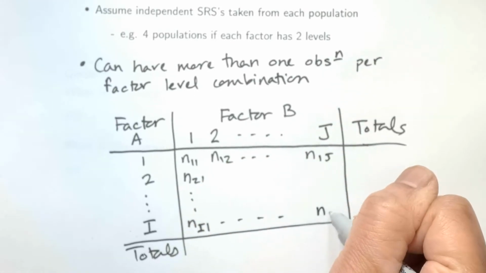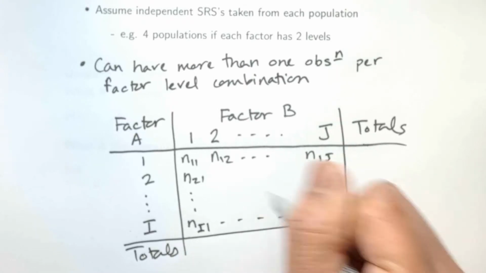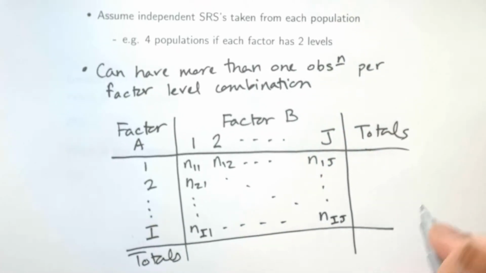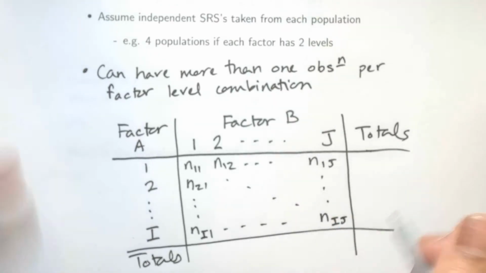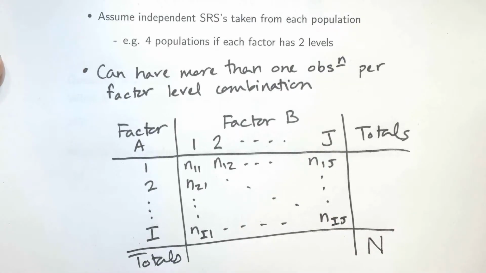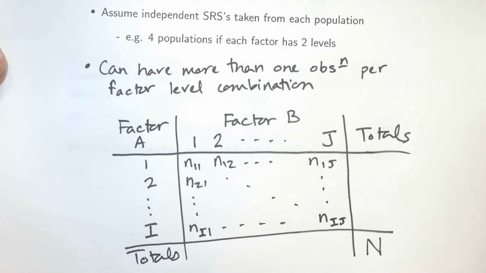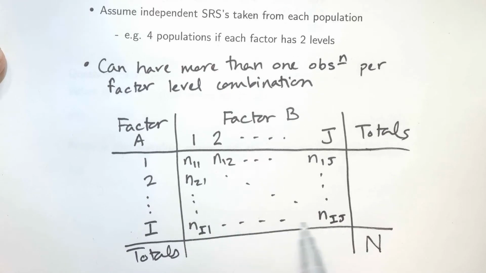And then that's N, capital I, capital J observations in total. And then the grand sum of all of these observations we would call capital N. So what we had seen in the randomized complete design was that these NIJs inside here were all equal to 1. We only had one observation.